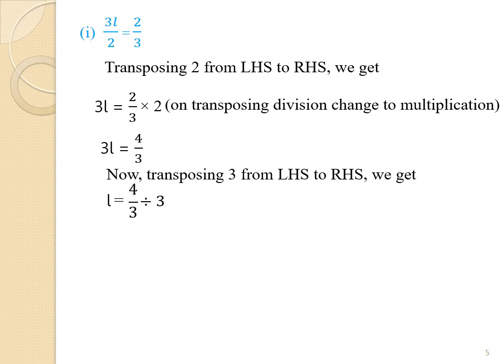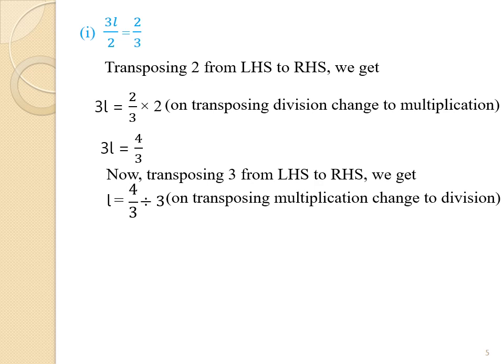On transposing, multiplication changes to division. Students, now we have to first convert a whole number 3 into a fraction number. So, converting 3 into fraction number, we get L equals 4 upon 3 divided by 3 upon 1.